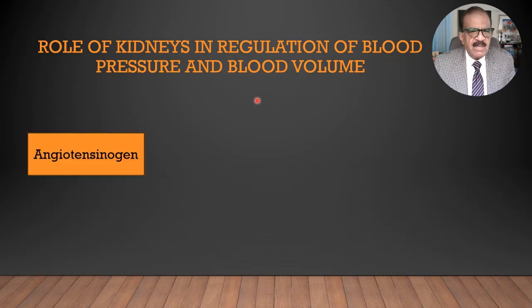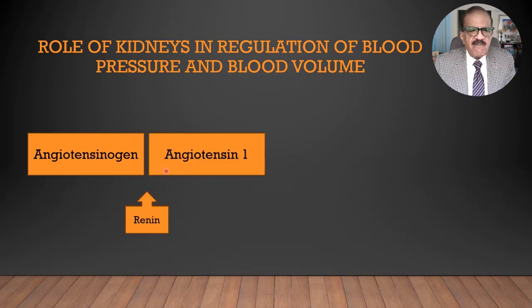How does it do it? First of all, angiotensinogen is a protein which is produced by our liver. Now, liver is made for producing proteins, and it produces millions of proteins, and one of them is angiotensinogen. This protein is circulating in the blood, but it has got no function until it is converted into angiotensin 1 by an enzyme called renin.